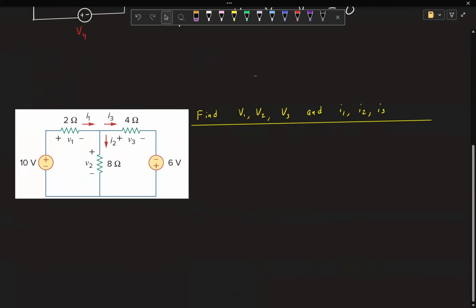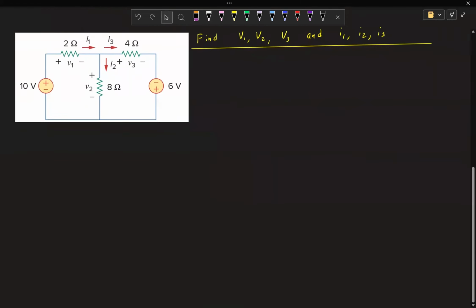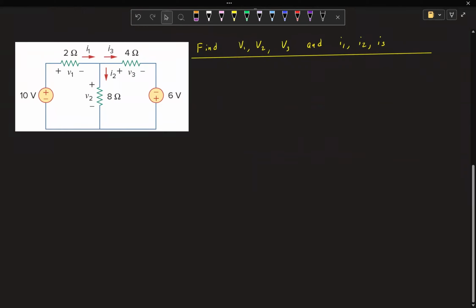Now, how do you actually use these? Well, here we have an example, and this is going to involve both KVL, KCL, and some Ohm's law, so it's pretty involved. So how should we start? Well, in general, you want to look at a node that has currents you're dealing with and do KCL.